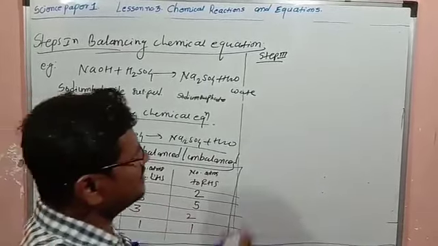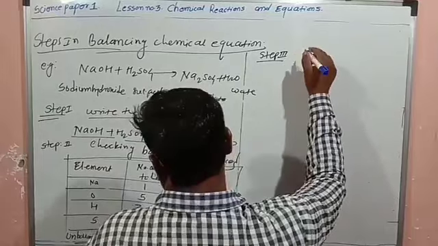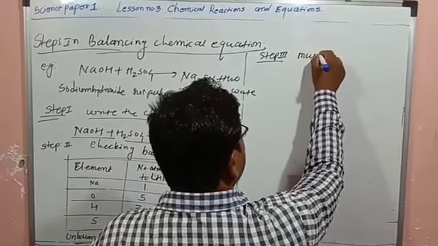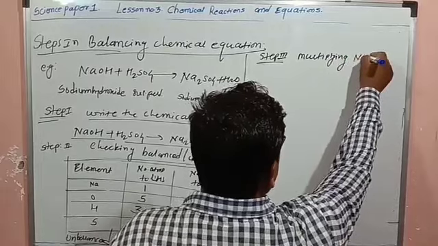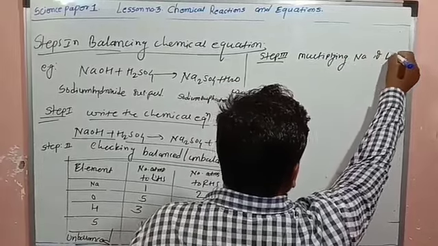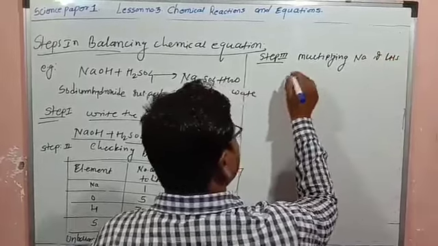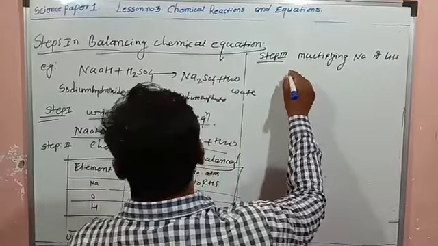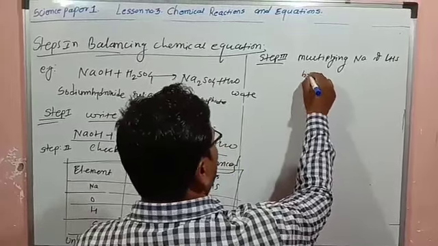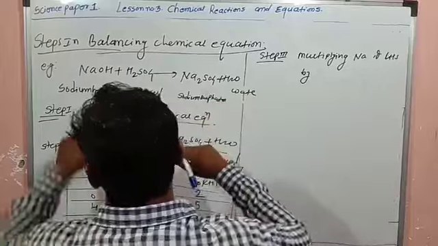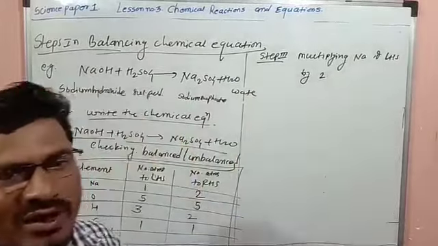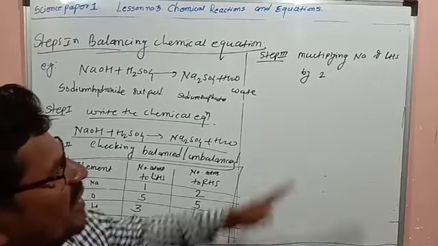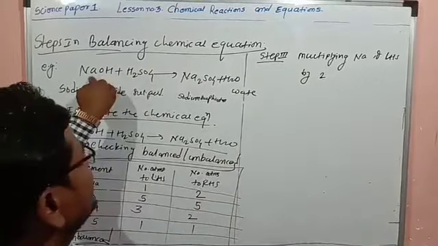So next, multiplying sodium of LHS by 2. You have to multiply sodium of LHS by 2.